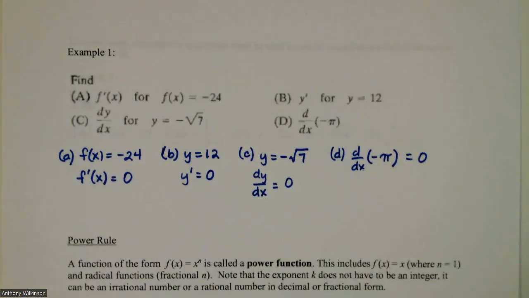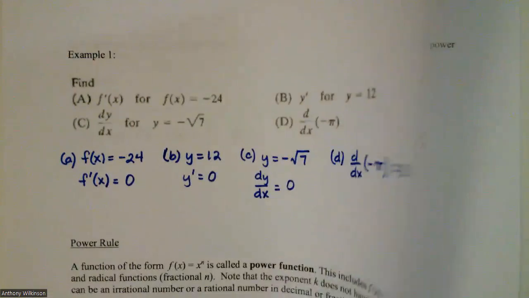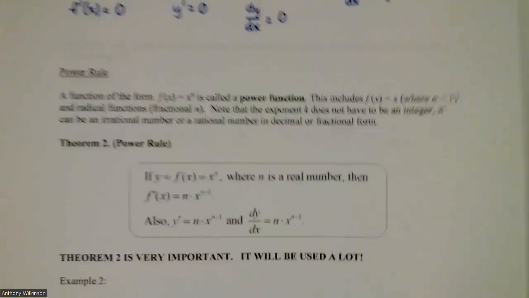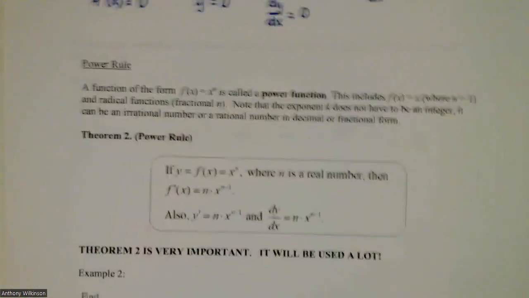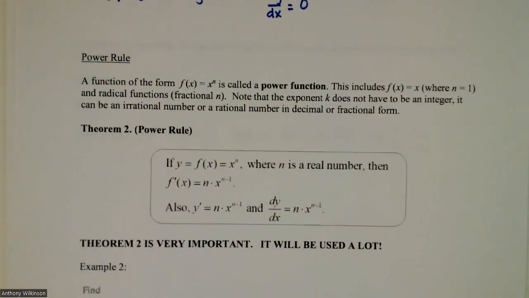All right, next is the power rule. Okay, here we go. A function of the form f of x equals x to the power of n is called a power function.